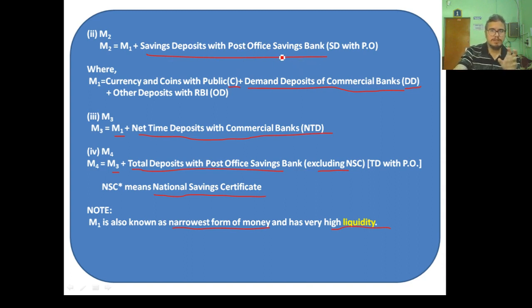With savings deposits with the post office, you can withdraw your money only by going to the post office. But take the case of savings deposits with commercial banks, which is included in M1: we can withdraw that money using ATM cards, or even use those ATM cards to make payments directly at shops or shopping centers. So it serves the purpose of money itself.